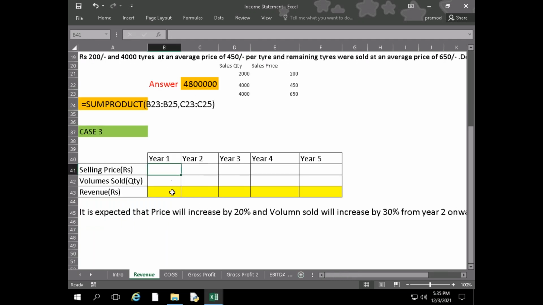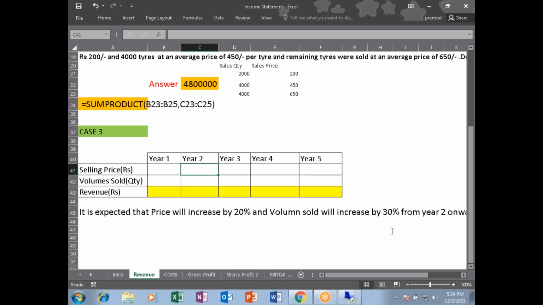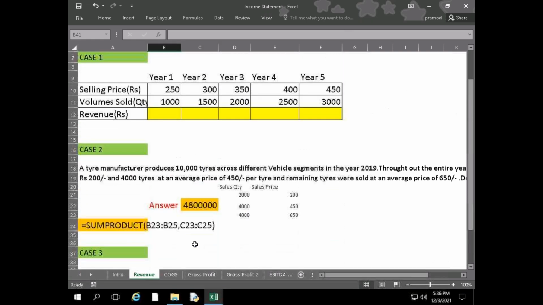So you take only year one's value and from that find out year two.